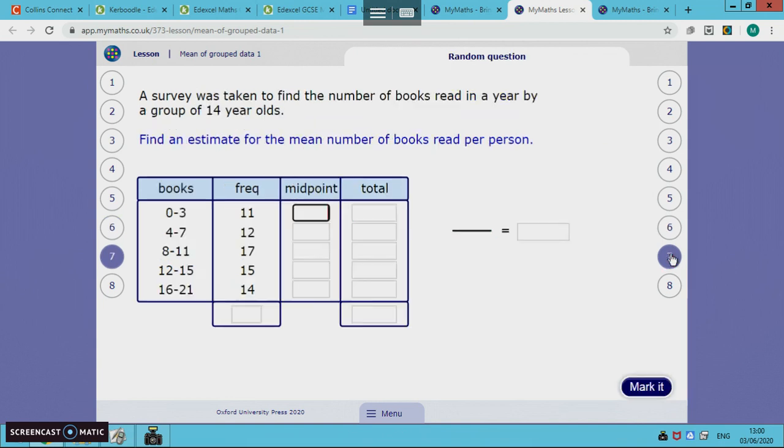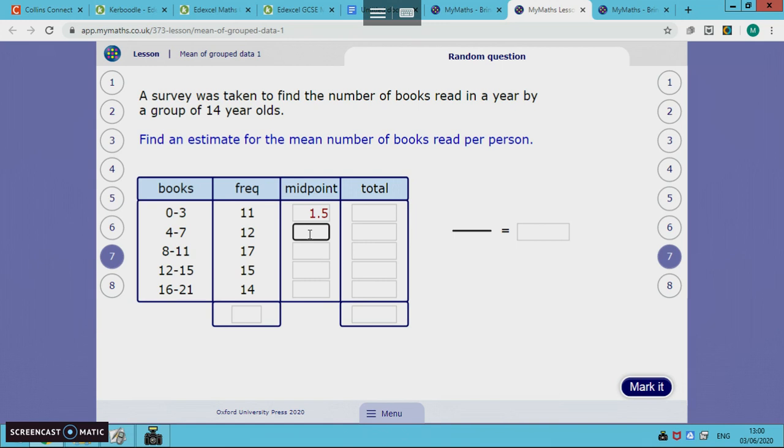Now this is something I want you to copy down. This is going to be a good example for us all, so make sure you've got some paper, so you've got an example of how this works. Find an estimate for the mean number of books read per person. So books 0 to 3, 4 to 7, 8 to 11, and so on. We need to find the midpoints of the number of books. So that's going to be 1.5.